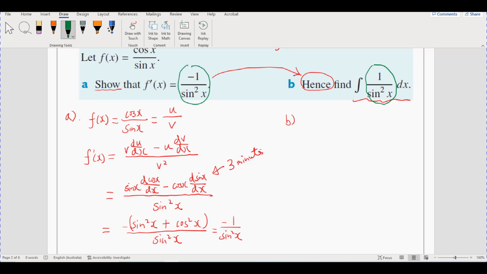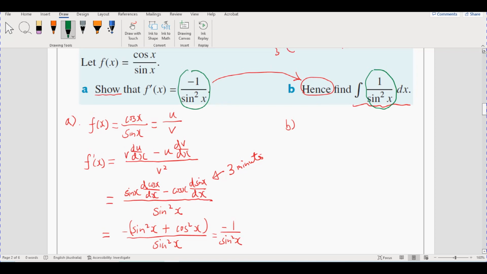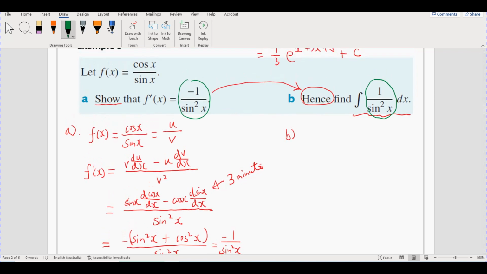Are they the same? No, but are they similar? Very, very similar. So the question is, how can you get that 1 over sine square x in terms of that derivative? If you can express that as a derivative, then you know how to do integration.